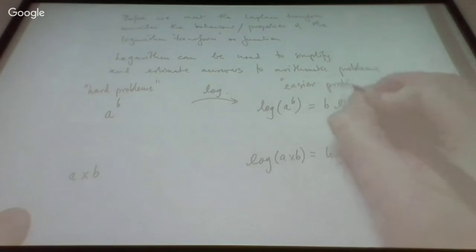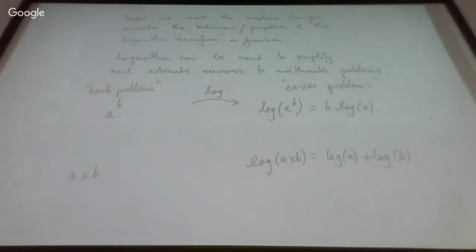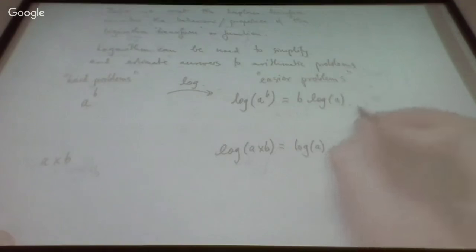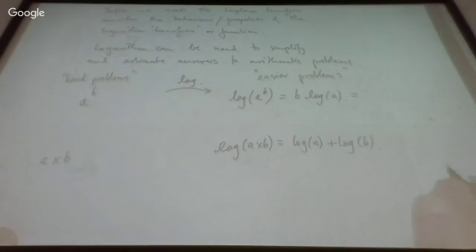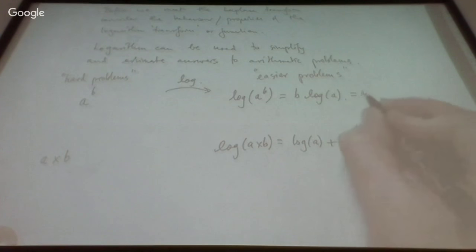So we consider the things on these sides as easier problems. So we could evaluate this easier problem of multiplication here to get an answer. Let's call this answer 1. Or we could carry out this sum here to get an answer, call this answer 2.